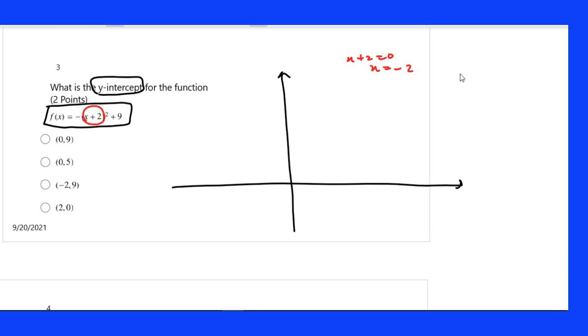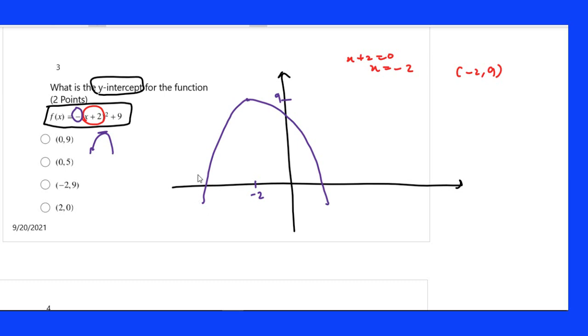Negative 2, 9, is that the maximum or minimum? The graph is negative, so it is a set graph, which means it has a maximum value. So negative 2, 9, let's say here, is the maximum value. This is an N shape graph.